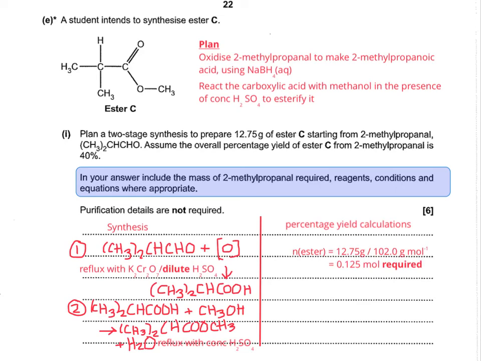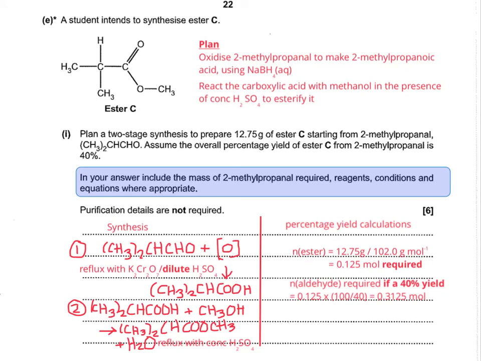So the ester, there's 0.125 moles required. I need to work out from the percentage yield what number of moles of 2-methylpropanol I'd need to make that. If there's a 40% yield, then for 0.125 moles, normally, assuming 100% yield, the equation would suggest that 1 mole of ester is produced from 1 mole of aldehyde.